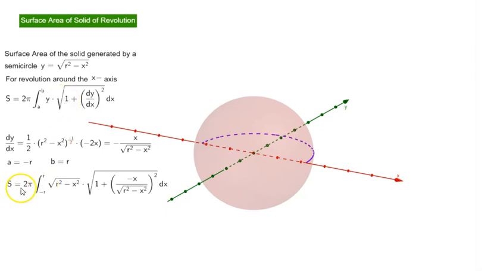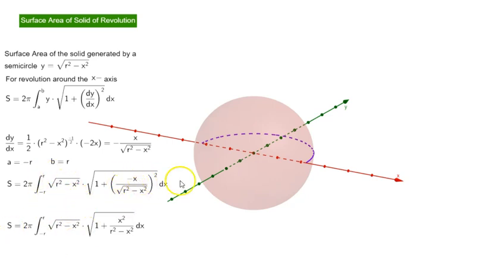Applying this formula, we get S is equal to 2 pi times the integral from minus r to r of y, that is square root of r square minus x square, times the square root of 1 plus dy by dx, which is minus x by square root of r square minus x square, squared, dx. Simplifying this, rest remains the same.